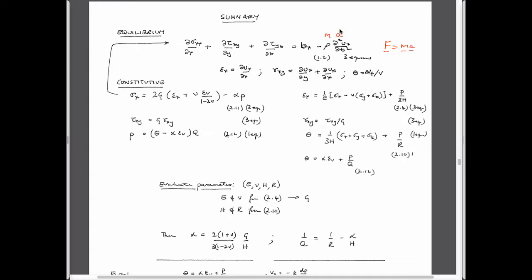This term here is the inertial term, and they are equal to 0 if this term is also equal to 0. And so the normal way of solving solid mechanics problems is to take some definition of what stresses are and substitute it into this equilibrium equation.